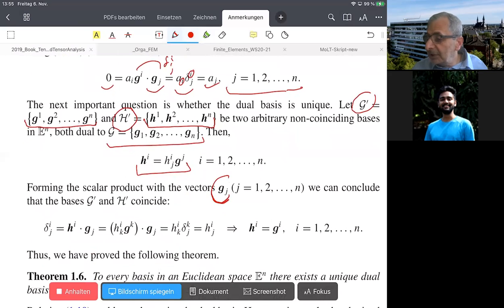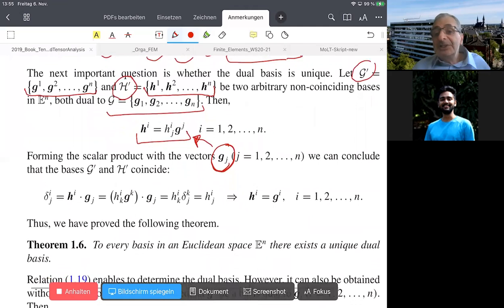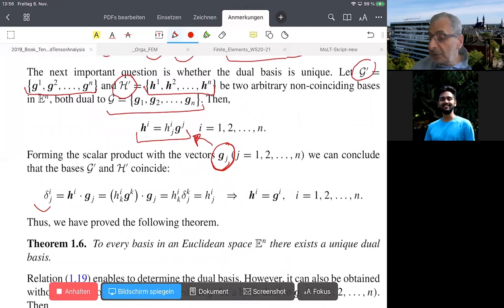We multiply this equation scalarly by our original vectors gj. And because both bases h and g dash are dual, we get on the left-hand side Kronecker delta. And here we get hi, right? It is written hij is a Kronecker delta.